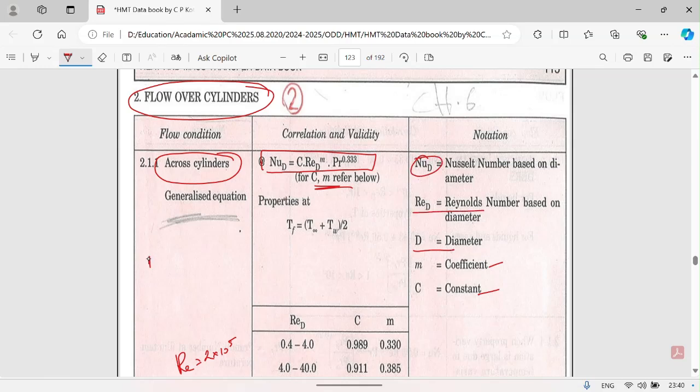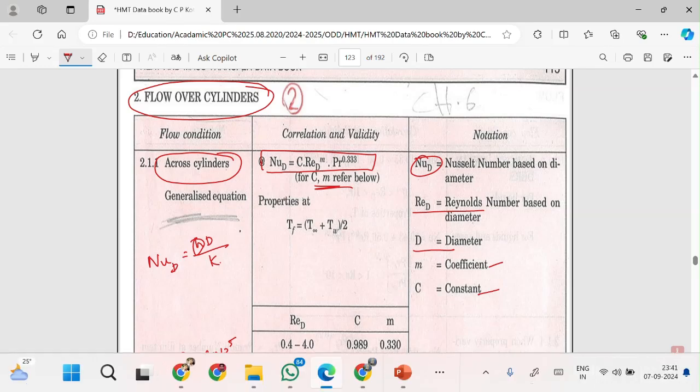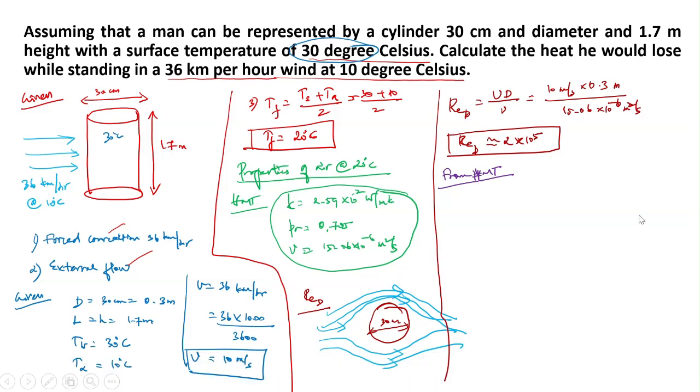What is the necessity of finding the Nusselt number with respect to diameter? Nusselt number is equal to h into d divided by k. From that, you find the heat transfer coefficient. We write this condition from the data book: Nu_D is equal to h into d divided by k.